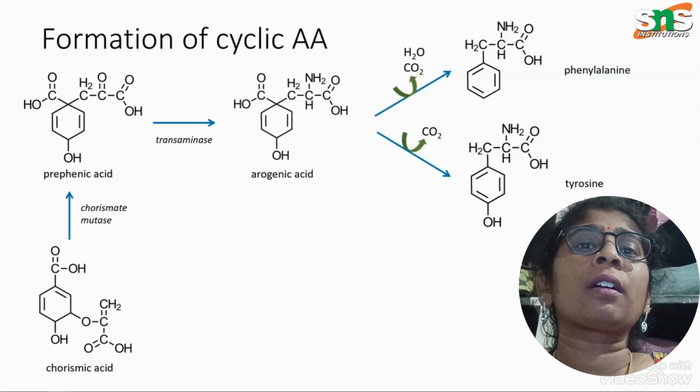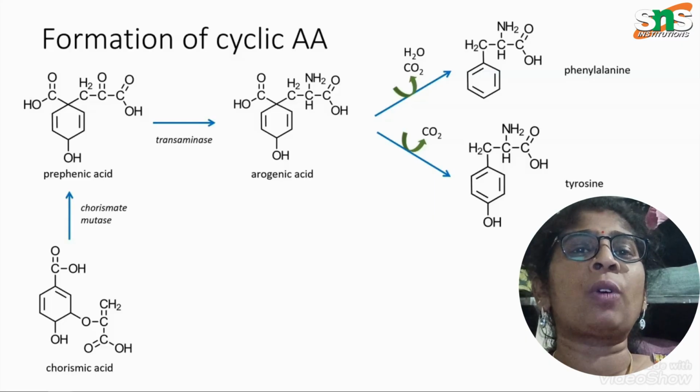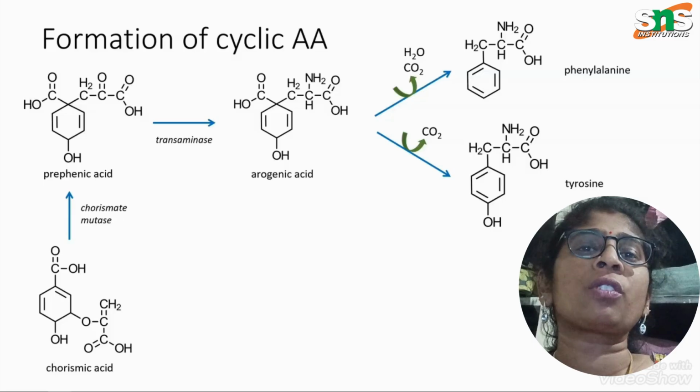And so, to quickly revise: location, plants, bacteria, and fungi; starts with PEP and E4P; and the main product chorismic acid leads to aromatic amino acids, important sources of flavonoids, alkaloids, phenolics, and drugs like Tamiflu. That's why in pharmacognosy, the Shikimic acid pathway is considered a core route linking primary metabolism to secondary metabolism.